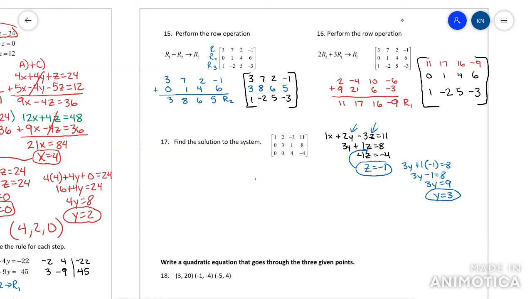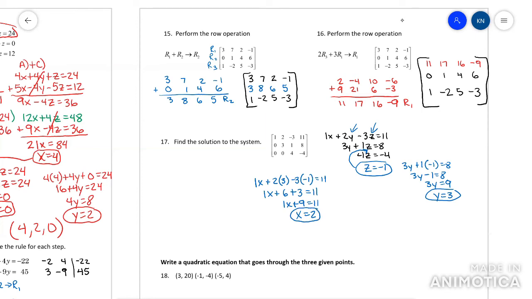So it'd look like this. Y was 3. Z is -1. Now just go solve it. The -3, -1 turns into a +3. Now I know x is 2.